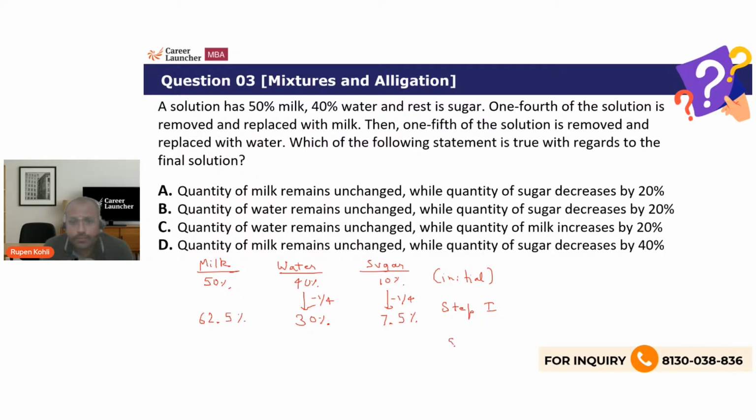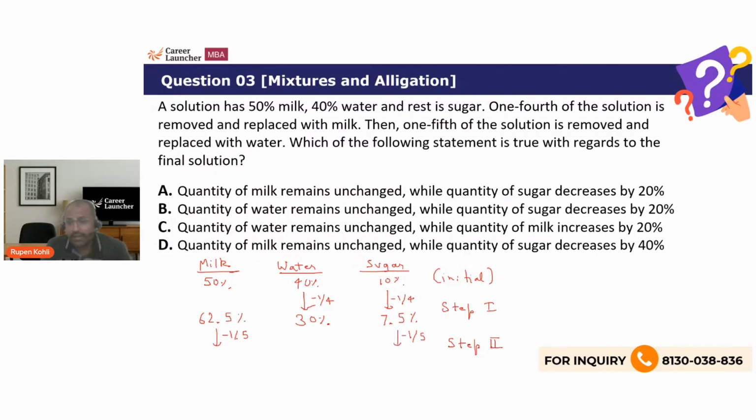Then step 2: 1/5 of the solution is removed and replaced with water. Now we are pouring in water by removing and replacing 1/5 of the solution. So the concentration of the other two, which is milk and sugar, will decrease by 1/5. So a decrease of 1/5 will happen on the concentration of milk and sugar both.